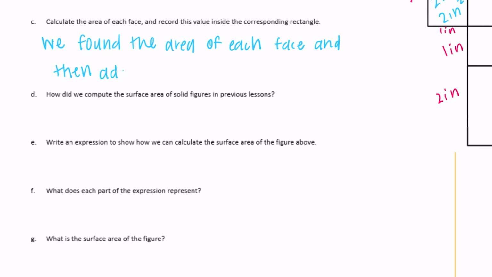Well, what we did to find the surface area is we found the area of every single face, like we just did, and then added them together. Oh, I wrote that in the wrong one. Should have written that in D. Okay.